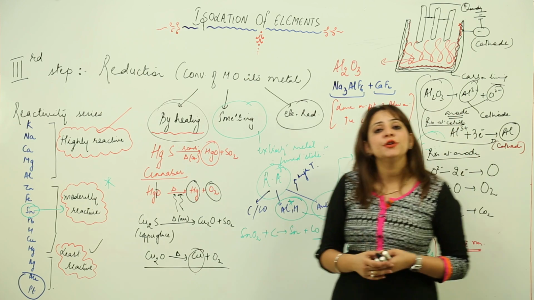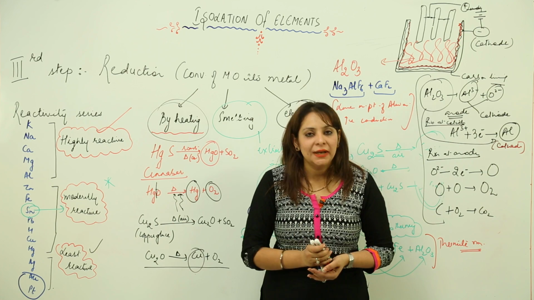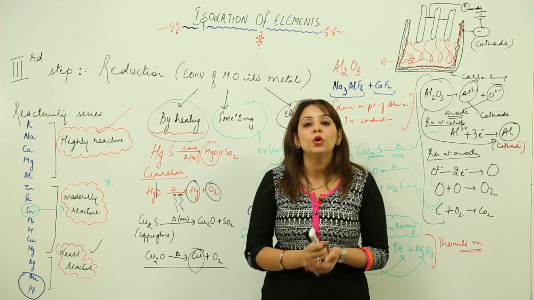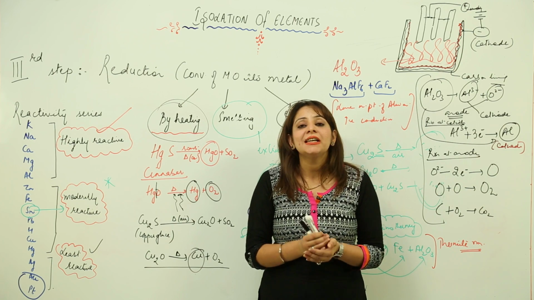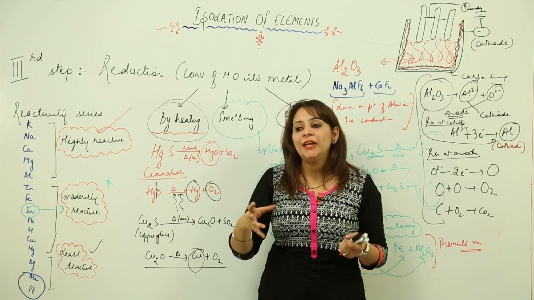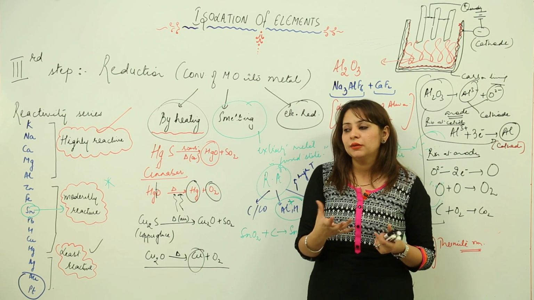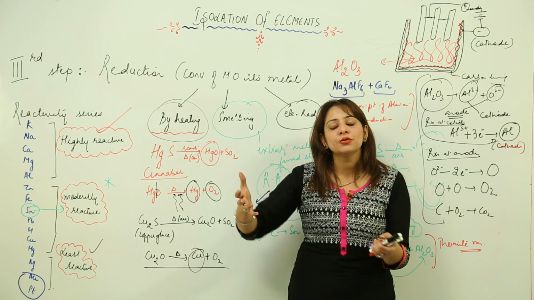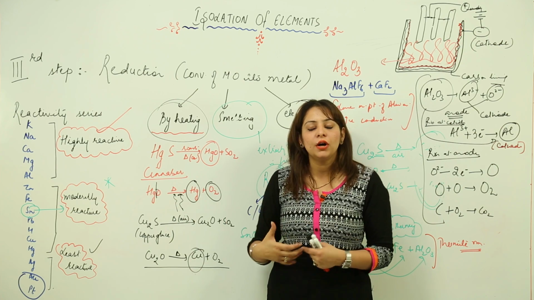After the completion of the third step, we have reached a point where we have achieved our metal, but that metal is not a pure metal. I'll use the word crude metal. That means it has certain kinds of impurities, so we need to remove those impurities. If I want an iron rod, I'm not going to dig up a rock and get an iron rod from there.